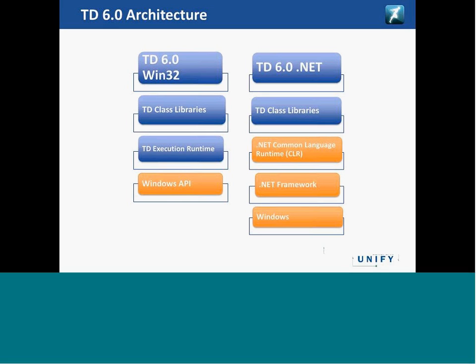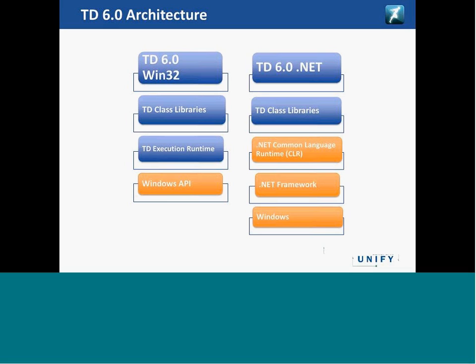We have Team Developer 6.net and we have the Team Developer class library. But then we need a .NET Common Language Runtime, or CLR, which represents our business framework. In this framework, we have all these nice features like style message box and so on, which we know from your source code.